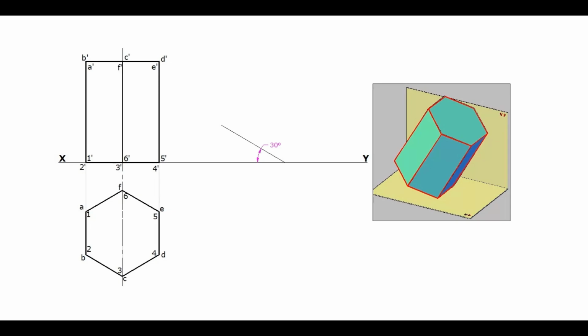With respect to this base, reconstruct the second stage elevation as a tilted first stage elevation. Since the base is 30 degrees inclined, we can see that axis is 90 minus 30, that is 60 degrees inclined. Mark the corresponding points of base corners.